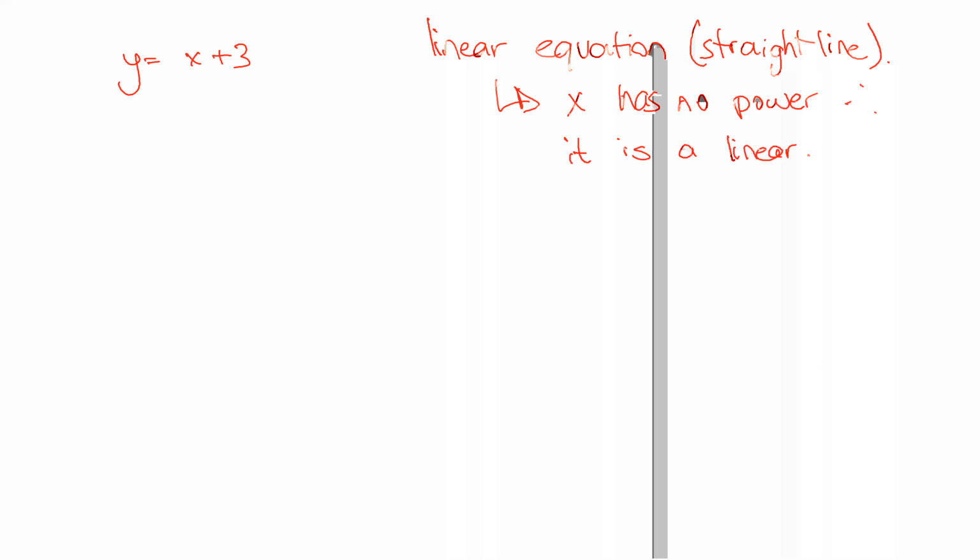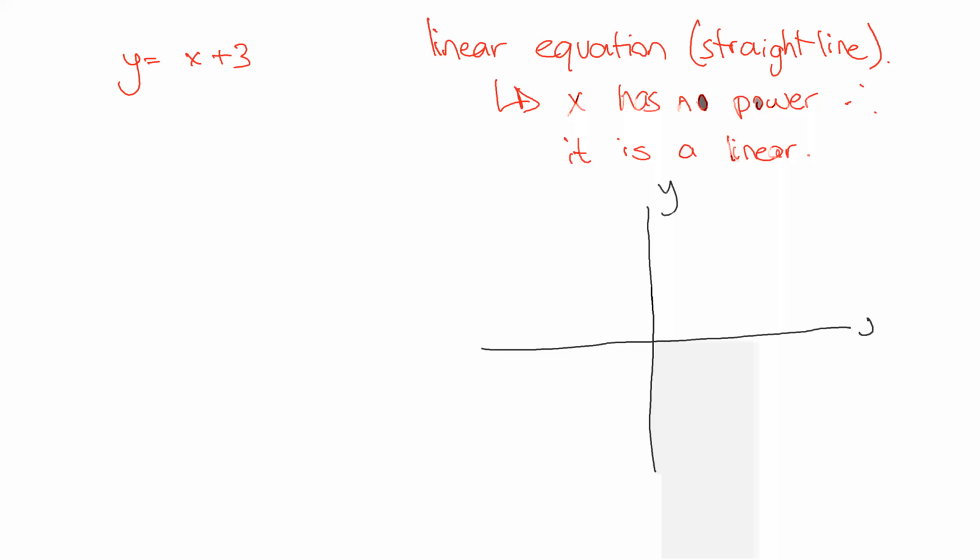If I put a Cartesian graph here with x and y axes, I can't draw this graph until I get coordinates, until I have a table of values, it's called.